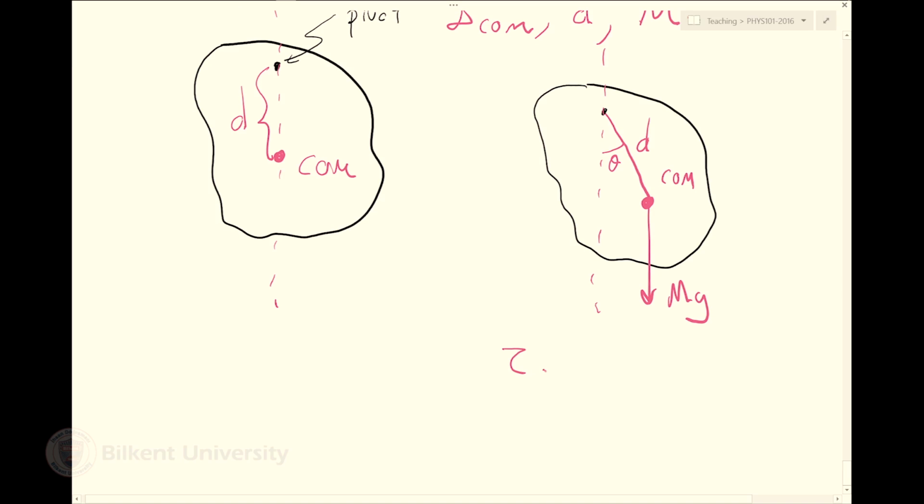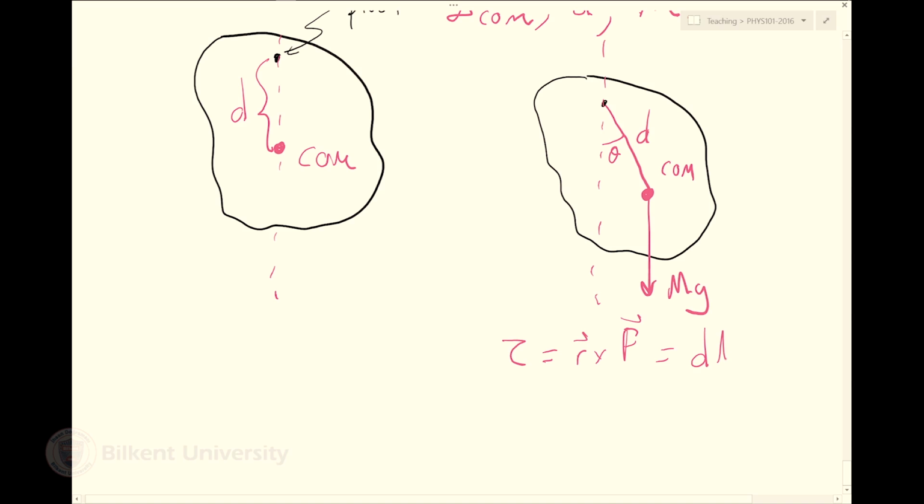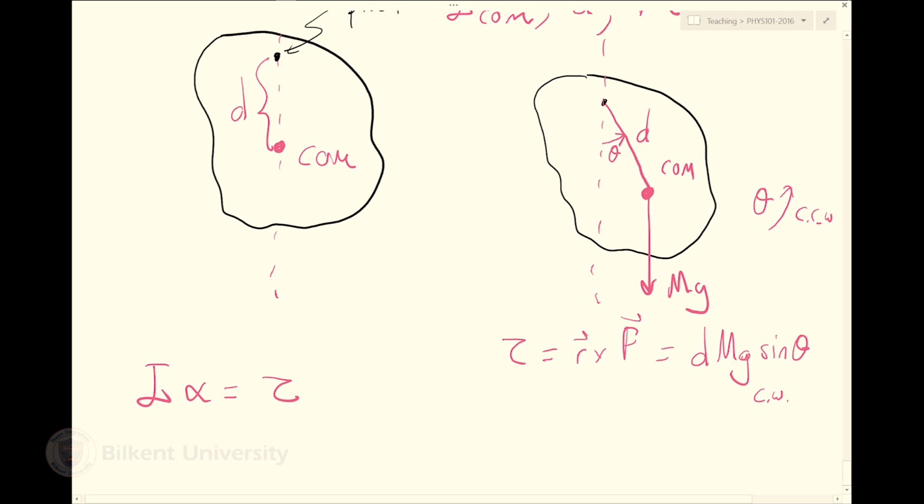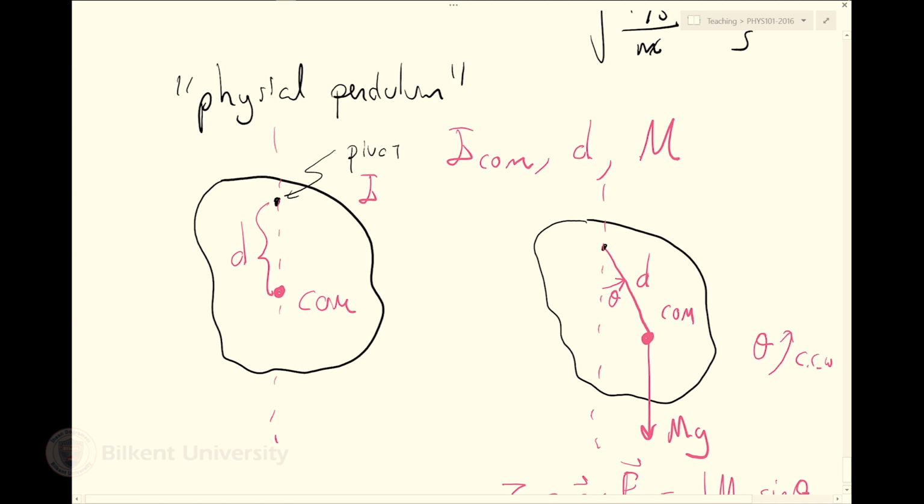What is the torque? Torque is r cross F. So it's going to be d times mg times sine theta. Theta is increasing counterclockwise. My torque is clockwise. So I alpha is equal to torque. But what is I around this pivot point?